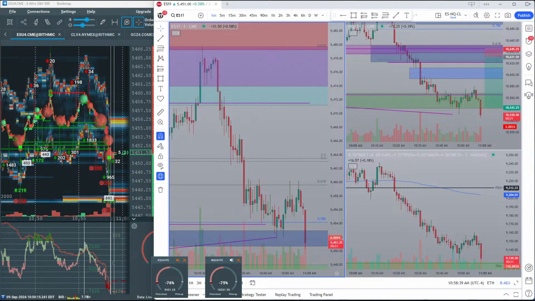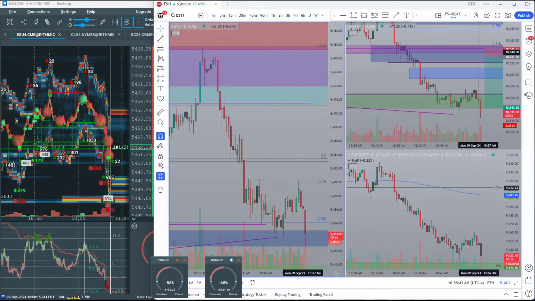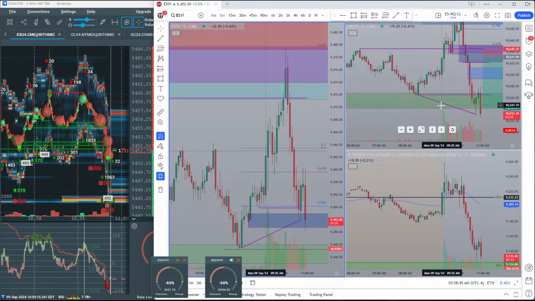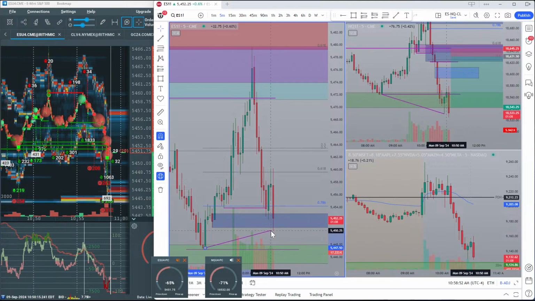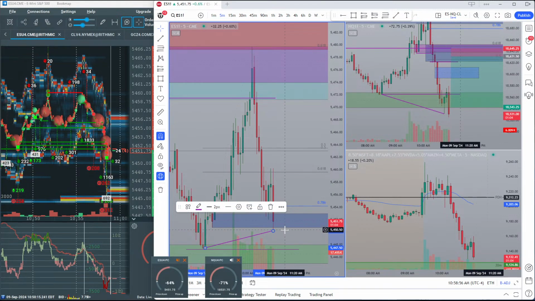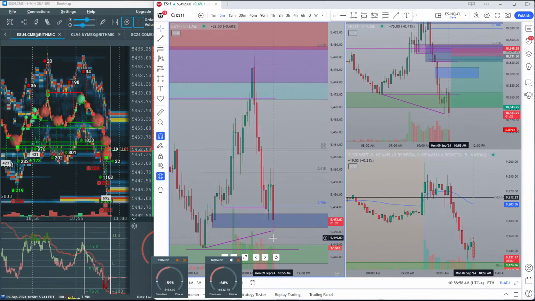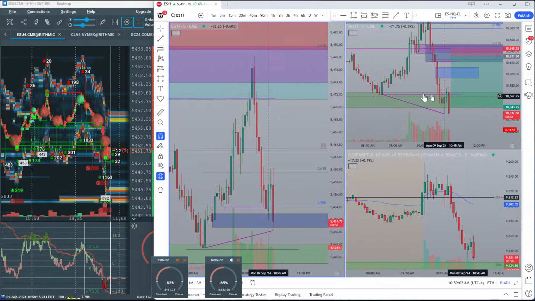Wow. Spike again on net drift. Still a bit of divergence in the sense that ES hasn't taken this low out just yet. Weighted index pushing lower.